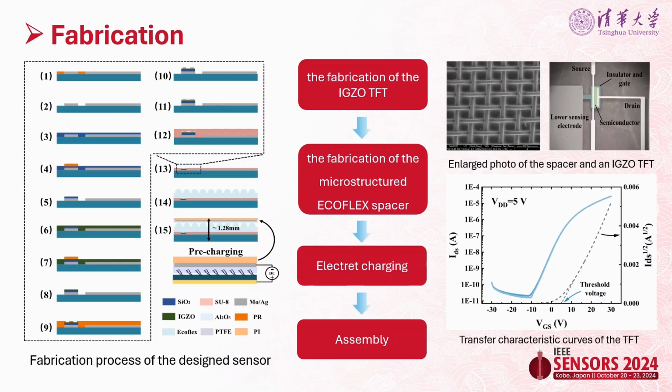In our fabrication, the macrostructured EcoFlex spacer is fabricated by spin coating EcoFlex on the PET template made by hot pressing. The IGZO TFT is chosen in our test because of its stable operational performance and low cost.